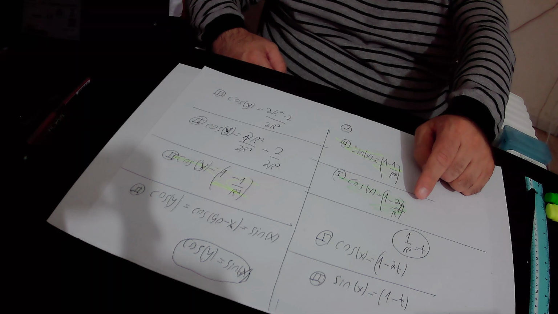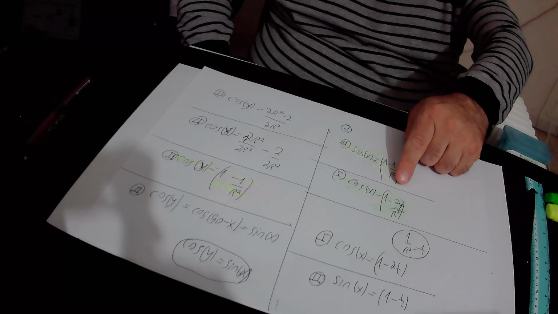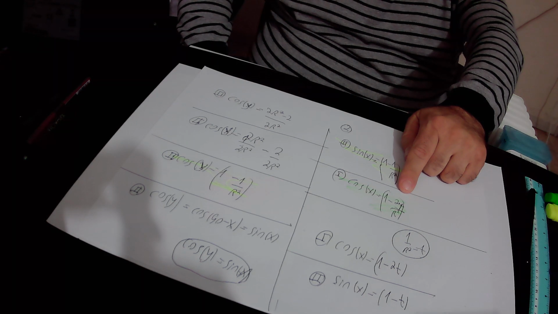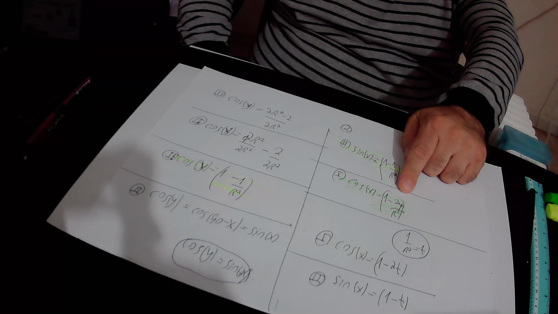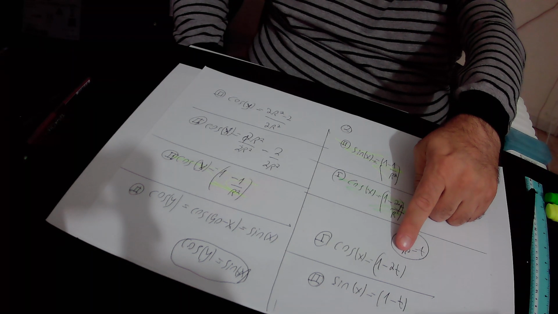So according to equation number 1, cosine x equals 1 minus 2 times 1 over r squared, and 1 over r squared equals t, therefore it is minus 2t.